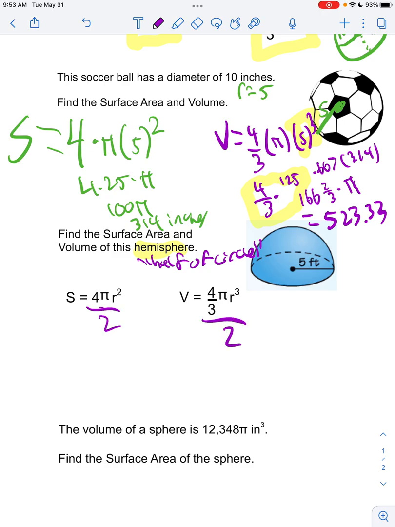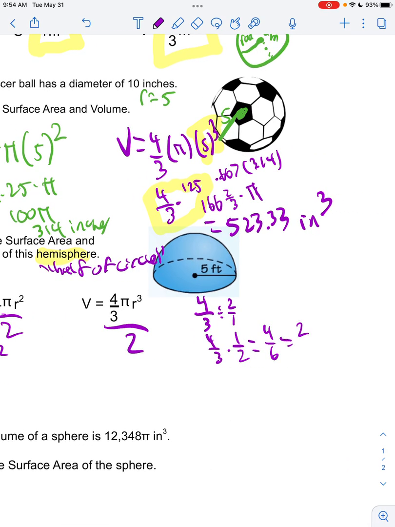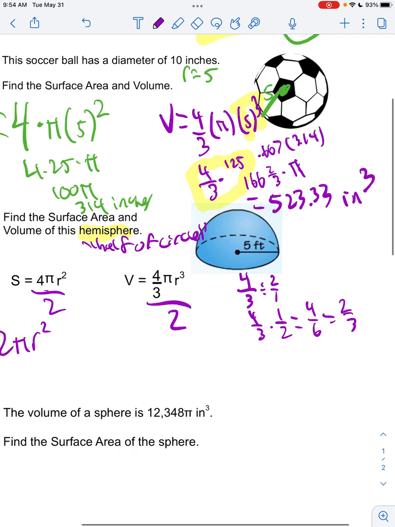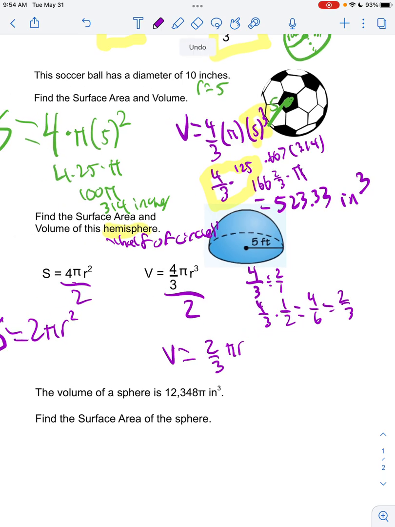So the surface area is very simple: 2 pi radius squared. Let's do some side work again. 4/3 divided by 2/1. Keep, change, flip. 4/6, which gives me 2/3. So my volume can be rewritten as 2/3 pi r to the third.